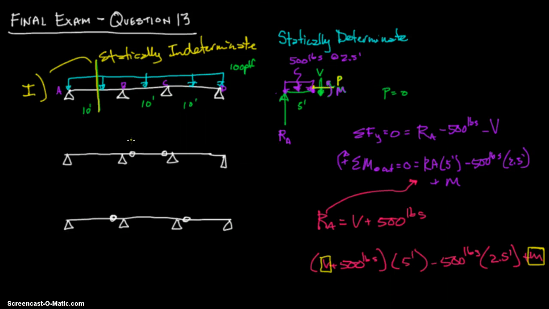Now right here, when you cut it, given the fact that P is still going to be 0 because we have all vertical loads, you can cut this right here. And for instance, you're going to have something that looks like this, let's say.